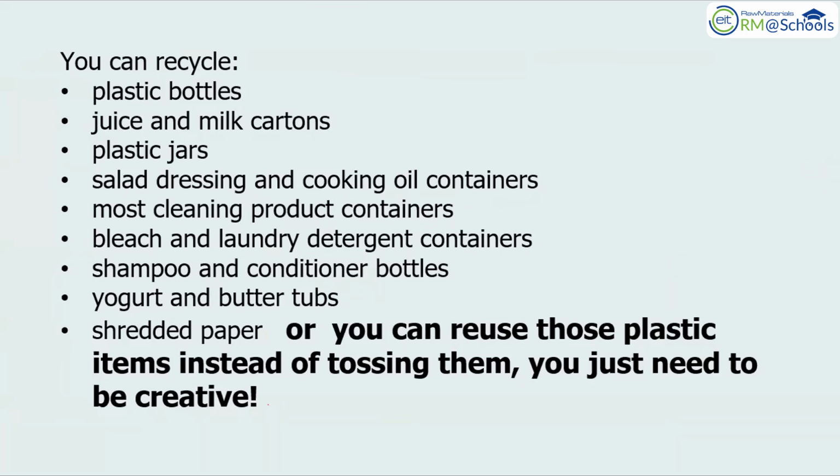We can recycle plastic bottles, juice and milk cartons, plastic jars, salad dressing and cooking oil containers. We can also recycle most cleaning product containers, bleach and laundry detergent containers, shampoo and conditioner bottles, yogurt and butter tubs, shredded paper. Or you can reuse those plastic items instead of recycling them. You just need to be creative.